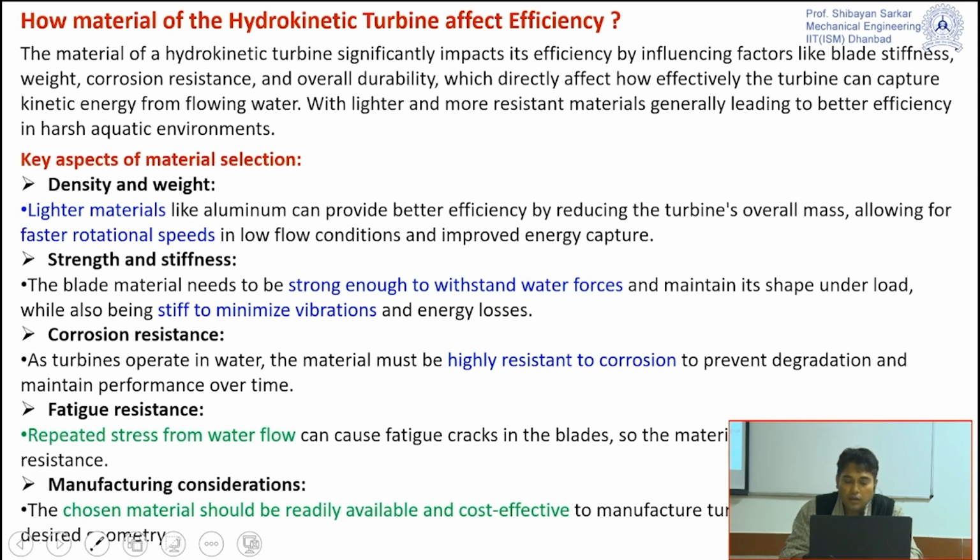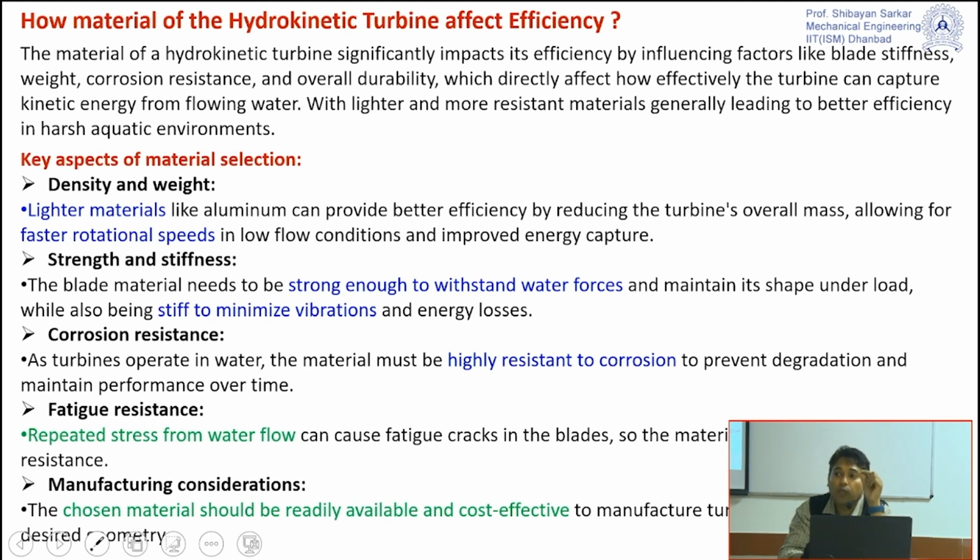So, manufacturing consideration. Suppose you have selected a particular material, and as per our requirement, the density and weight are good, the strength and stiffness are also good, it has anti-corrosive property, and it has less probability of fatigue failure. Everything is good.